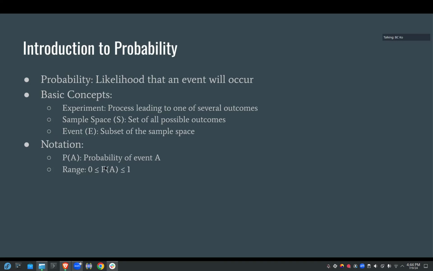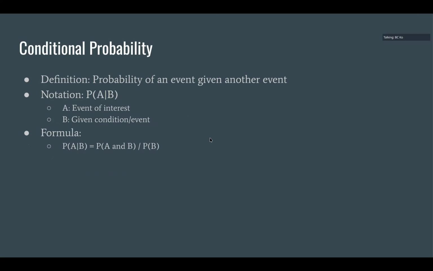So a probability of 0 means the event cannot occur, while a probability of 1 means it will certainly occur. So now we're going to move on to conditional probability.